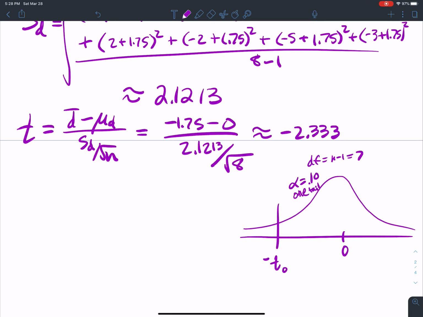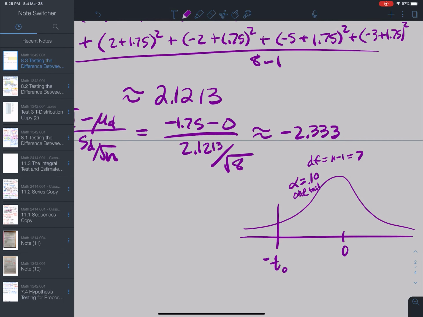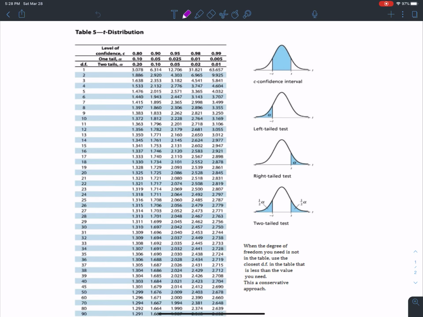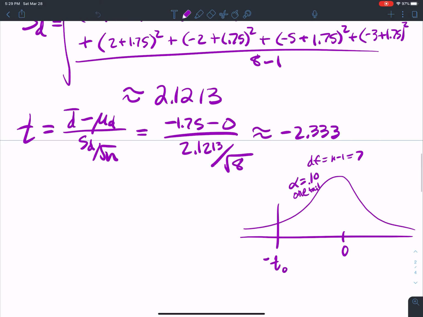So I go look up my t-table, degrees of freedom 7, so that gets me alpha 0.10, so 1.415. What did I do wrong there? Well, it's not positive, it's a left-tailed test, it's negative 1.415, so make sure to make your negative there.